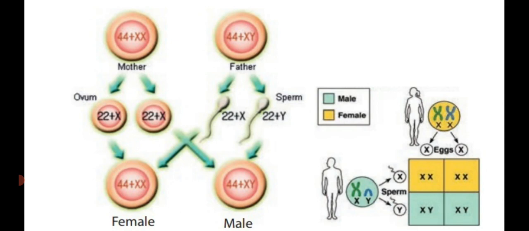So, the mother, when producing the ovum, the chromosomes are separated. Half of the chromosomes, 22 plus X and 22 plus X. That means 50% of characters only enter into the next generation. So, ovum. From the father, it is separating 22 plus X and 22 plus Y. That is said to be the sperm.